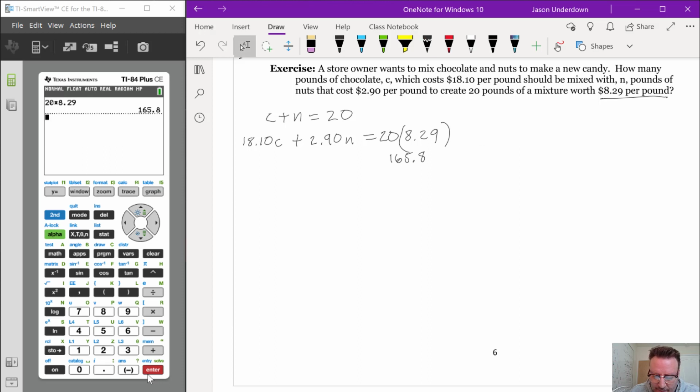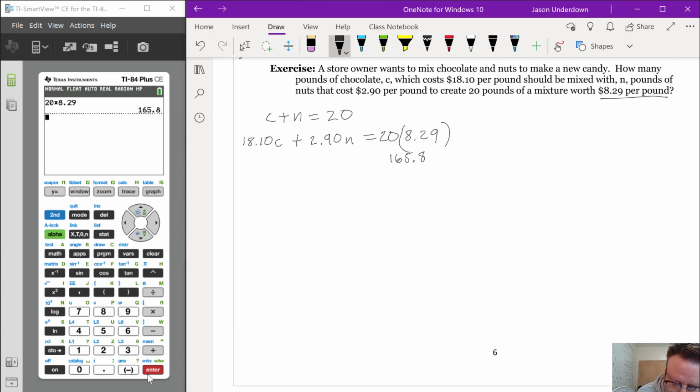This time, usually when you have dollars and cents, you need to multiply by 100, but actually it'll suffice to just multiply the second equation by 10 here. So let's do that.